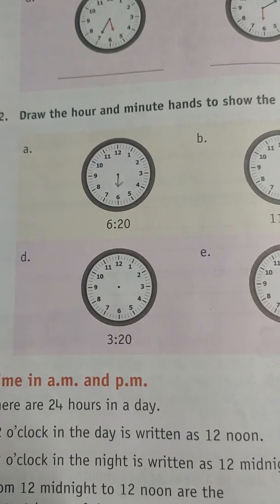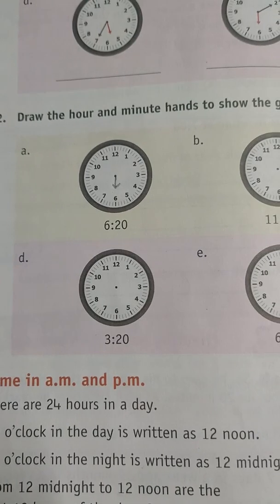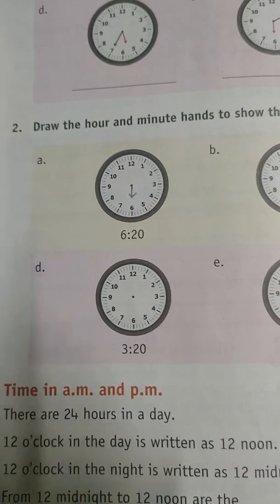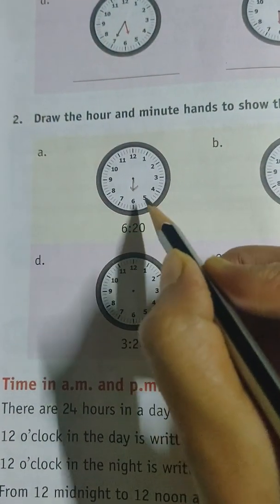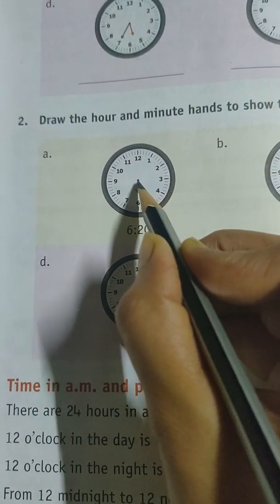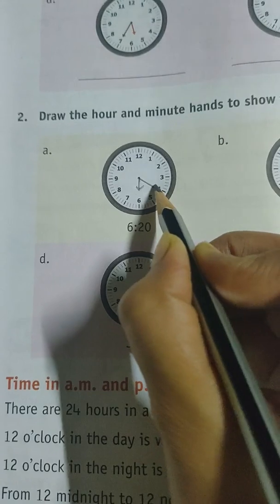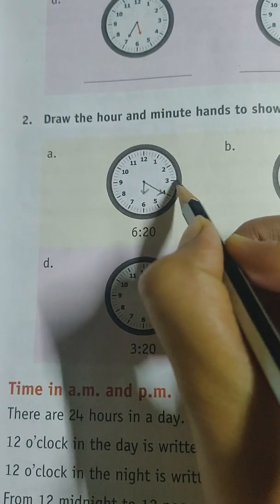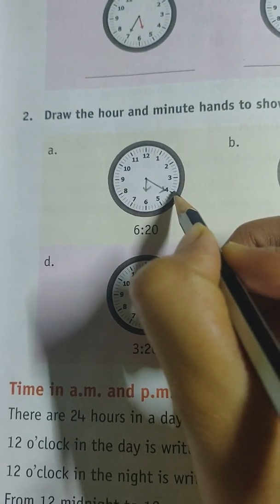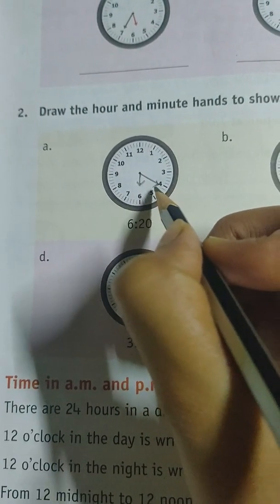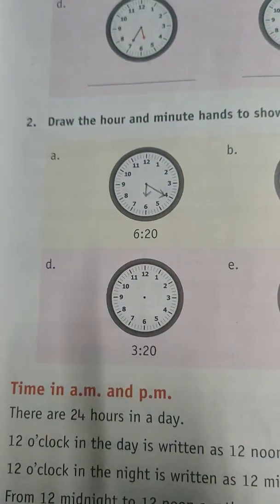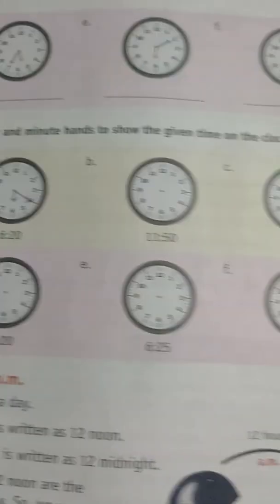In the table of 5, at which place do we find 20? 5 fours are 20. So the minute hand is on 4, or else you can do it like this also: 5, 10, 15, 20. You get 20 here, so you can draw the minute hand here also. This way we can draw the hands of the given clock.